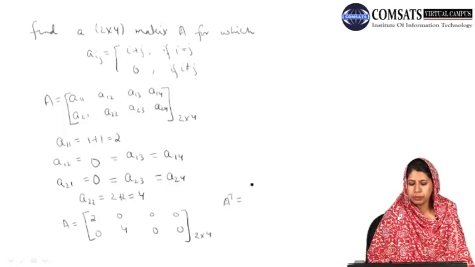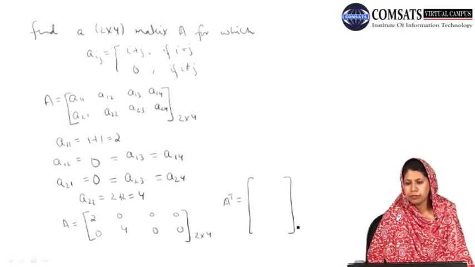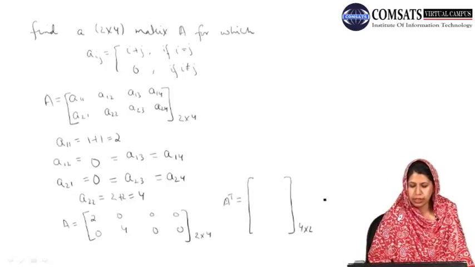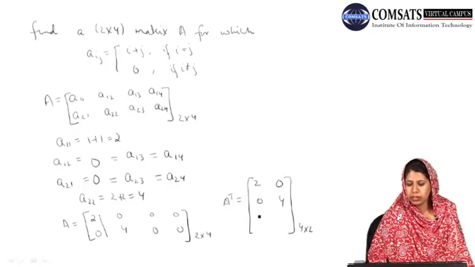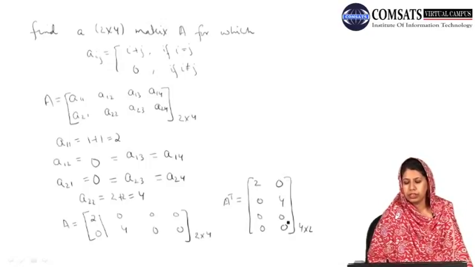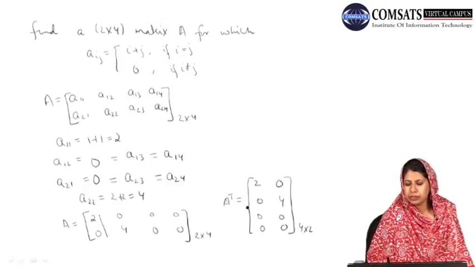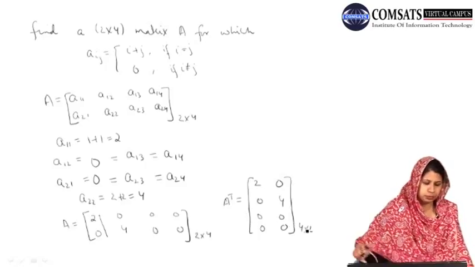The transpose will be the matrix of order 4 by 2, that is 4 rows and 2 columns, and the first column will become the first row, 2 0, the second column will become the second row, that is 0 4, the third column will be the third row and the fourth column will be the fourth row. So this is the transpose of this matrix, of order 4 by 2.